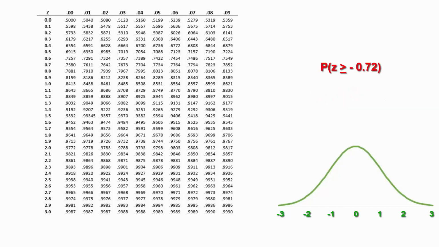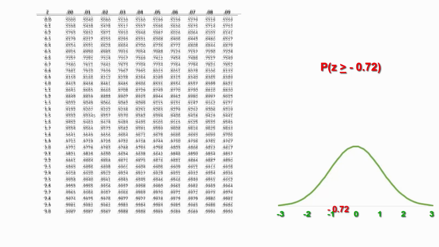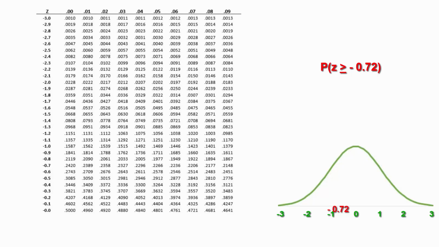Find the probability that z is at least negative 0.72. The negative z-score implies a score 0.72 standard deviations to the left of the mean. Here is another page that contains negative z-scores. The table displays the cumulative relative frequency below negative 0.72 standard deviations. This value is 0.2358.